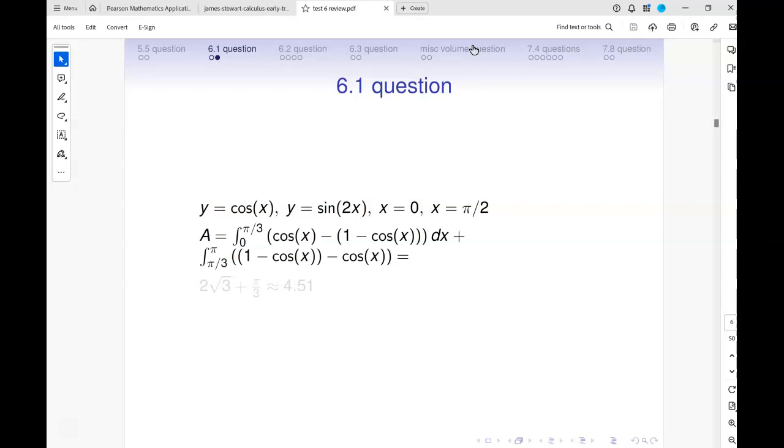Can you explain the 1 minus cosine x? It's wrong. I wrote down the wrong thing.